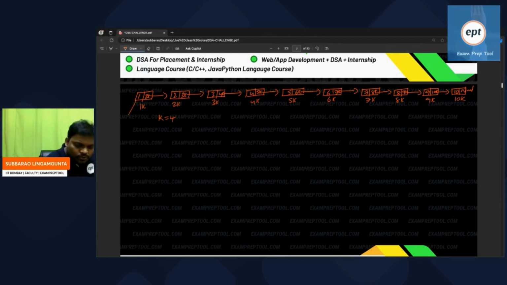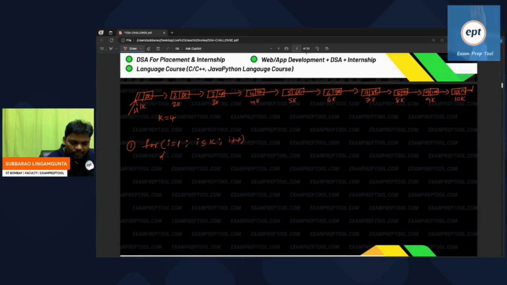First node is head. See the first step. Everyone see this one. For i is equal to 0, or 1 also okay, it's up to you, i less than or equal to k, i plus plus. Observe clearly.